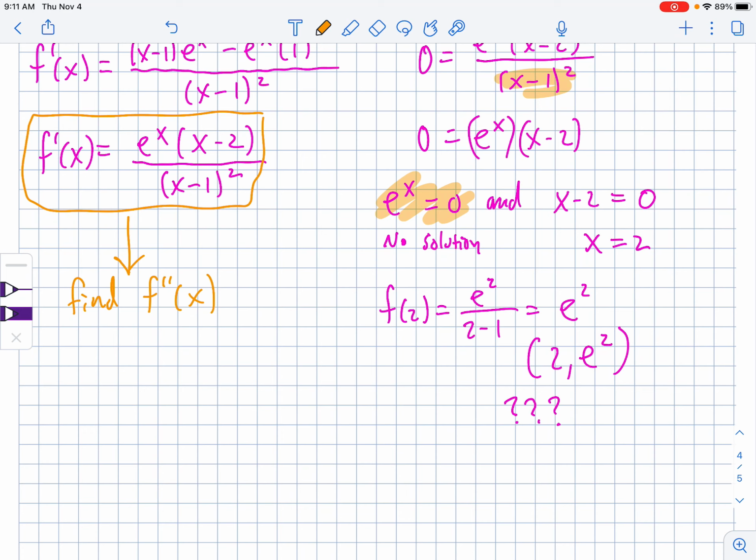And then we'll feed in 2 to f double prime. If this is bigger than 0, that means the concavity is positive. It's opening up, which means it's a local min. And once again, not actually doing it, but if it is less than 0, this would mean that it has negative concavity and it's a local max.